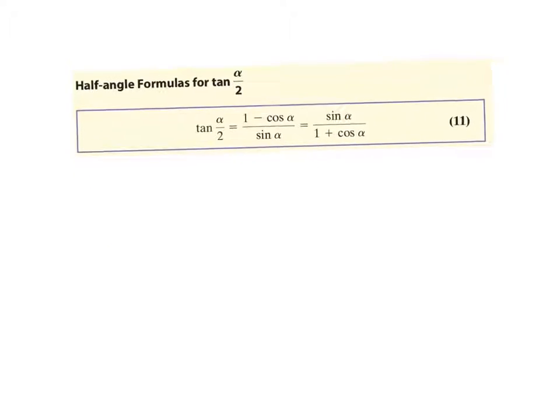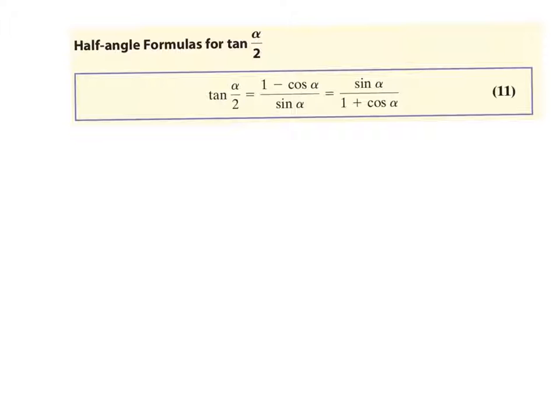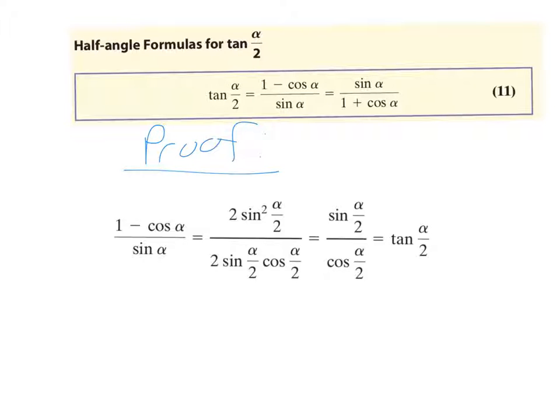Alright, and another way to rewrite the formula for tangent of alpha over 2, if you don't like that square root function, is just 1 minus cosine of alpha over sine of alpha, or sine of alpha over 1 plus cosine of alpha. And here's why. We know that 2 sine squared of theta is equal to 1 minus cosine of 2 theta.